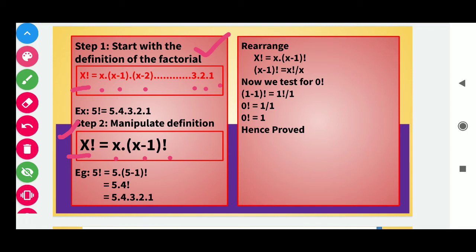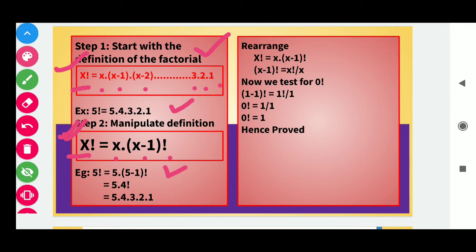So if we want to stop in between, then we can use the factorial notation. So students, we can write x factorial as x into x minus 1 factorial. These are the same. Okay, here we have the example of 5 factorial that I have already given you.